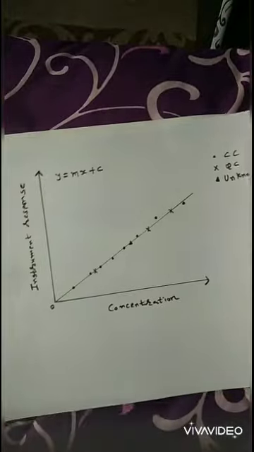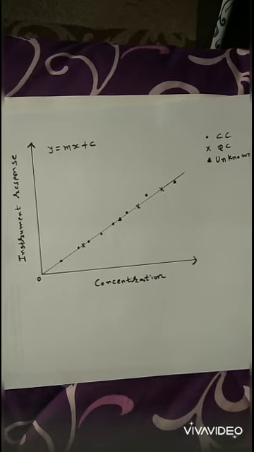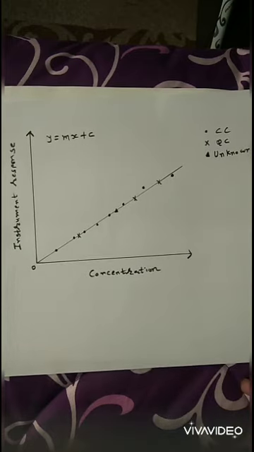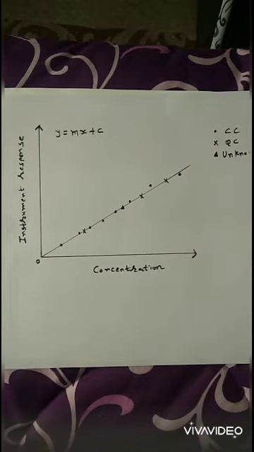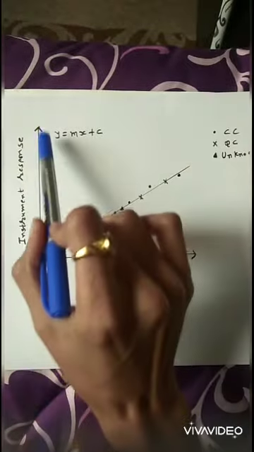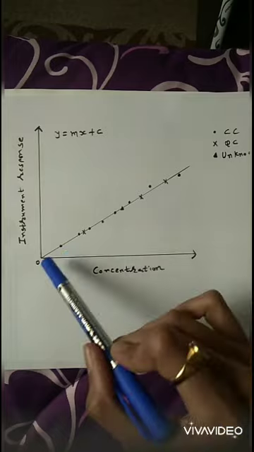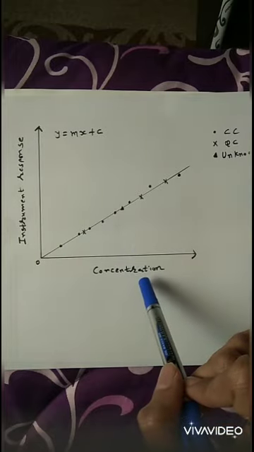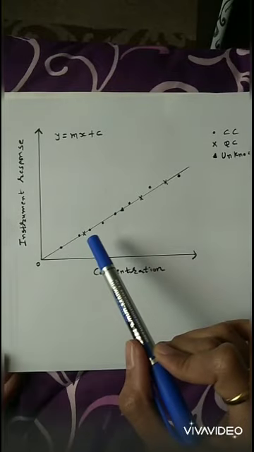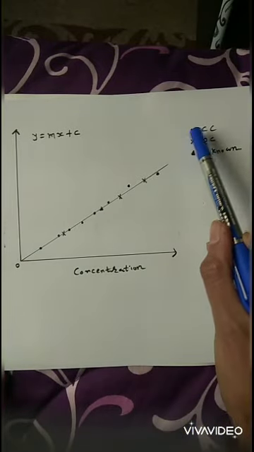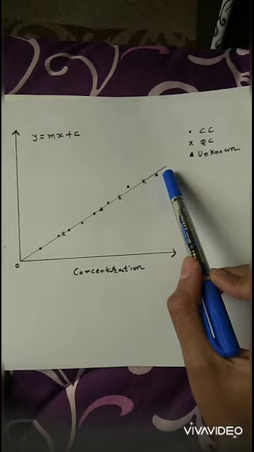Now I will explain the very basics of calibration. What is a calibration curve? This is the calibration curve. This axis is concentration, and this is instrument response. The dots are the calibration standards.